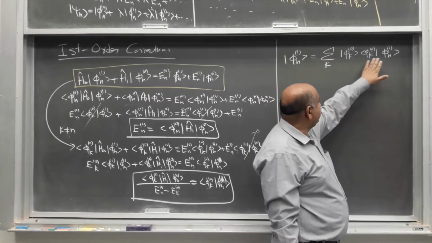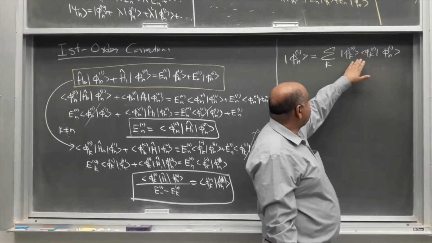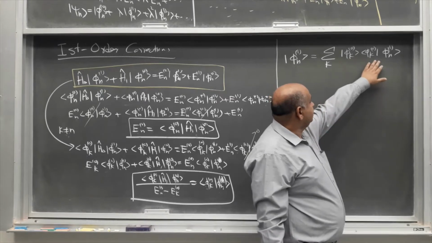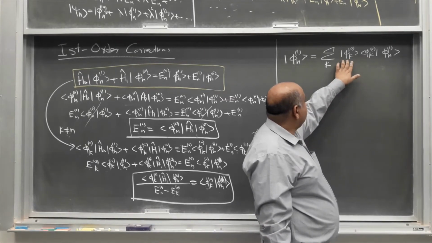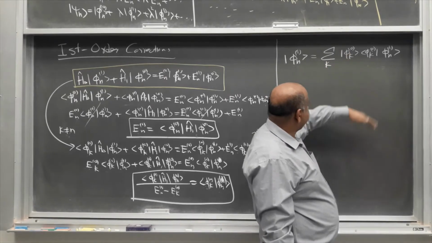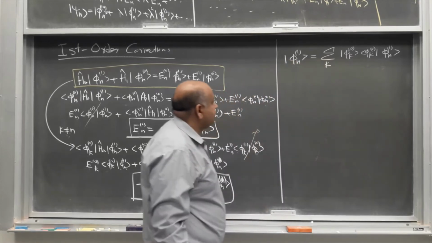This inner product of phi k0 with phi n1 is the projection of phi n1 on each basis vector, and this is simply the basis vector, like a unit vector, and we keep adding all the components to get phi n1.